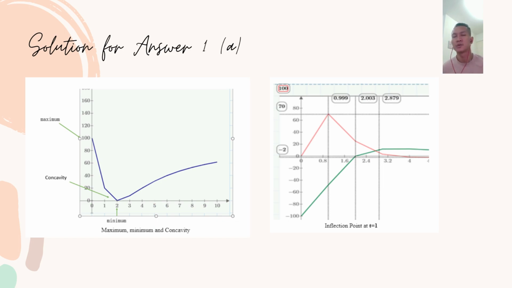So the maximum value when oxygen is at its highest is 100 and lowest is 0, and the concavity is when the graph changes its direction from negative to positive, and the inflection point is at the second derivative, when the rate of oxygen changes on the red line when t is equal to 1, that the oxygen rate changes from positive to negative. That is the inflection point.